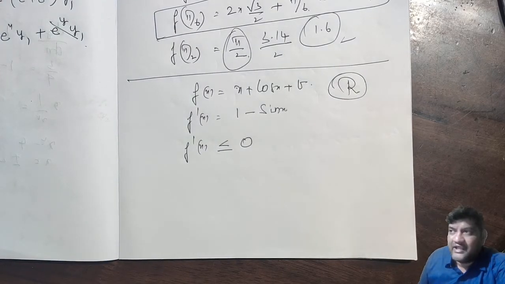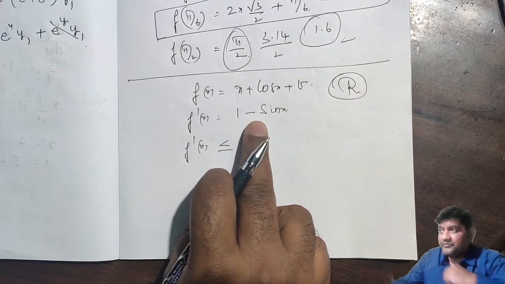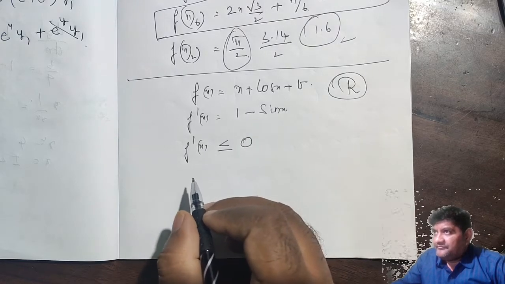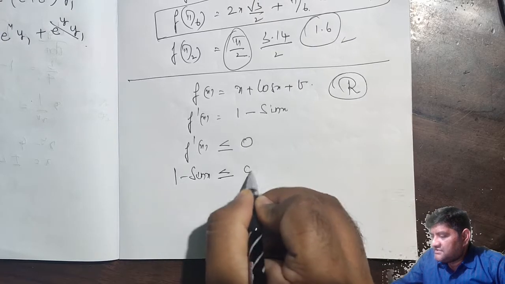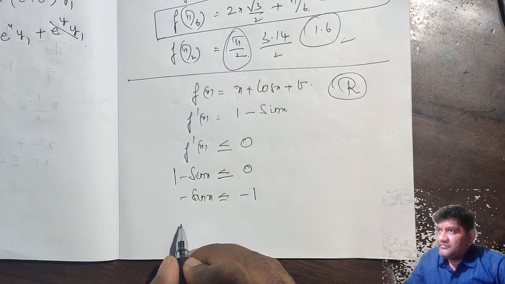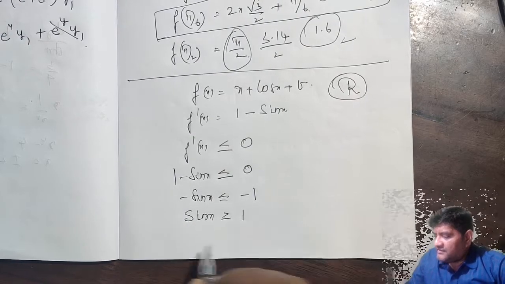But now I'm looking at, okay, what is sine? This is a function here. So basically I'm saying that 1 minus sin x is less than or equal to 0. Which means minus sin x is less than or equal to minus 1. Which means sin x is greater than or equal to 1.